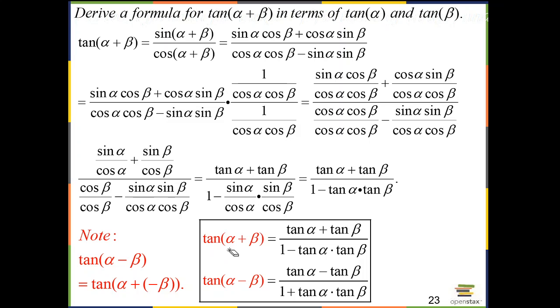And to find tangent alpha minus beta, again, we use this trick, alpha plus negative beta. And we know tangent of negative beta would be negative tangent beta. And over here too, right, tangent of negative beta is negative tangent beta, so it makes this positive and makes this negative. So again, if you want to find a way to memorize these, you could, but if you use them gradually, you kind of memorize them.